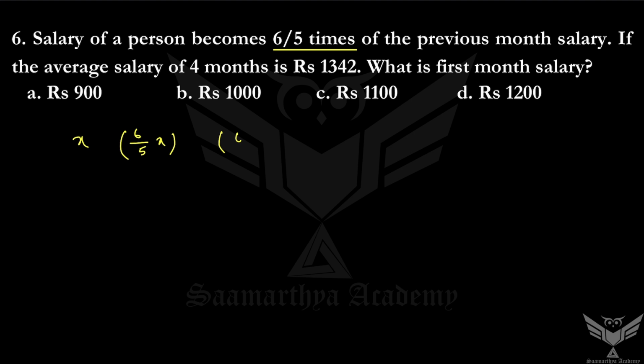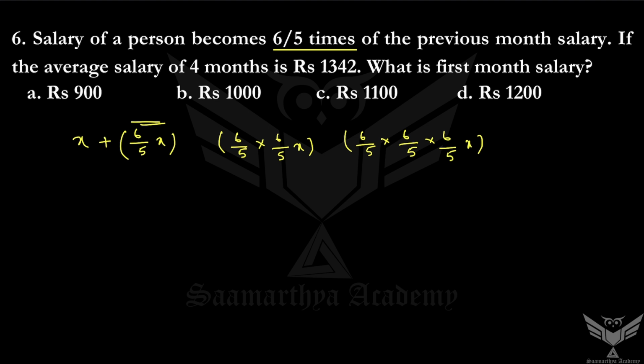Now, the third month salary will be 6 by 5 times of the second month salary. That is 6 by 5 of 6 by 5x again. Now, the fourth month salary will be 6 by 5 times of the third month. That is 6 by 5 into 6 by 5 into 6 by 5x. And what is the meaning of average?